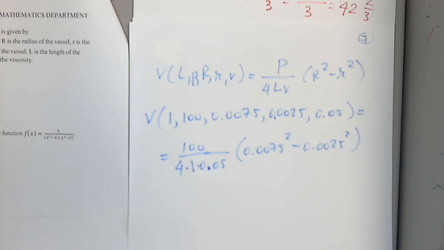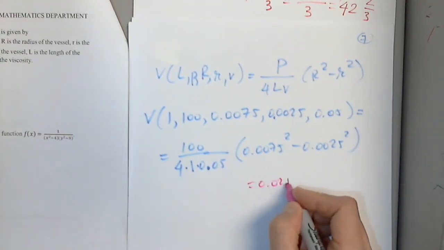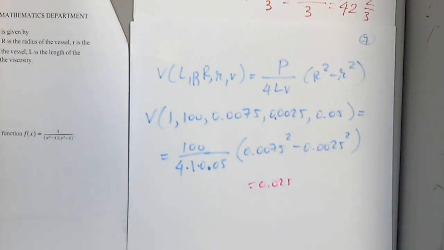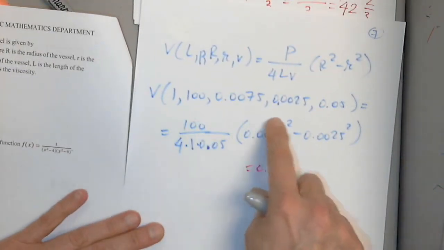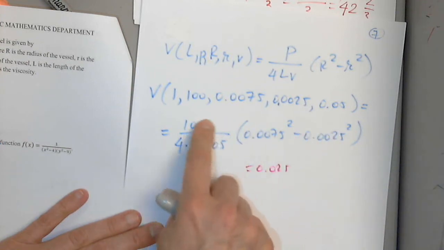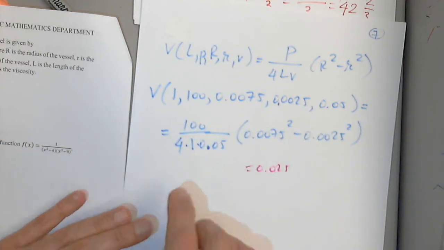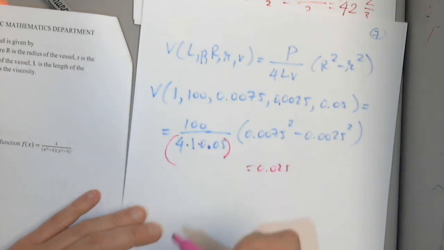Close the parenthesis and press enter. 0.025. Do not divide and then multiply because the calculator will do something else. Be very careful. So multiply everything at the top and then divide by this in parentheses. This must be in parentheses.